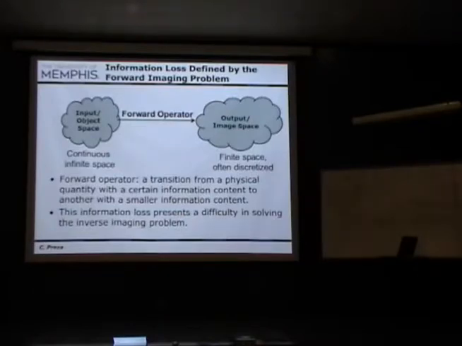And this information loss is what presents a difficulty in solving the inverse imaging problem. Okay? In many cases, that's a big challenge, and that's what makes it interesting in our field, in finding solutions to overcome this difficulty. Okay?